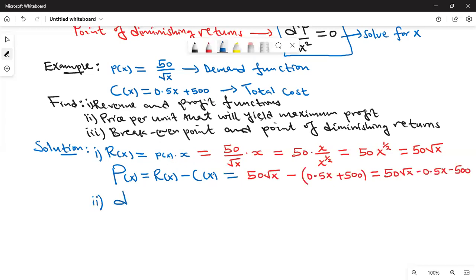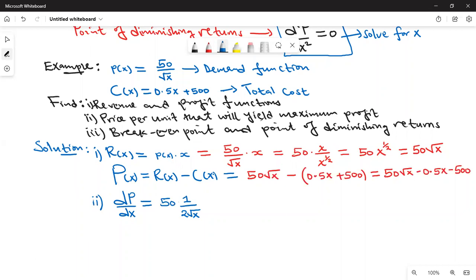So get dP/dx, differentiate the profit function. When you differentiate root x, you get 1 over 2 root x. So it is 50 times 1 over 2 root x. I've used the power rule. Remember, root x is the same as x raised to 1 over 2.